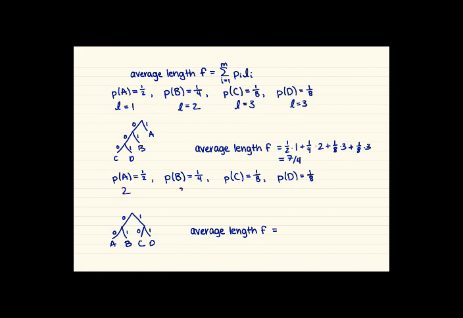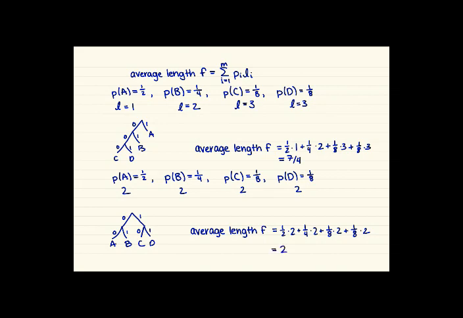For B, 2, C, 2, and D, 2. So then when we're adding up to find the average length, we're doing 1/2 times 2 plus 1/4 times 2 plus 1/8 times 2 plus 1/8 times 2. So for this one, we get 2.